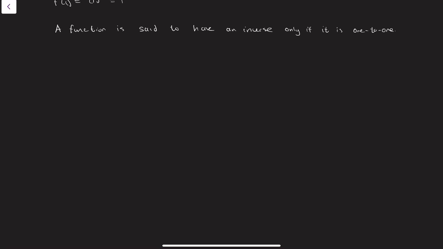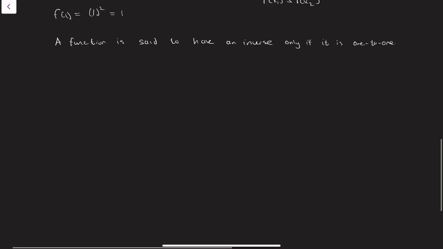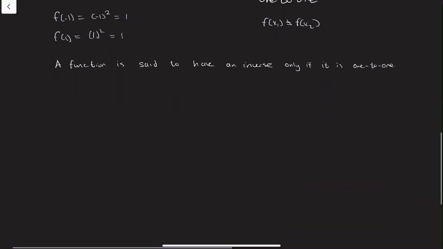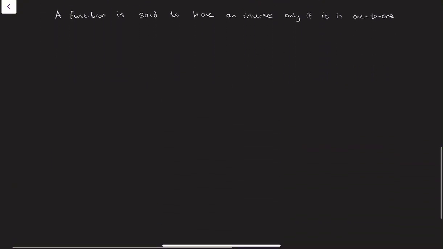If a function is not one-to-one, it is impossible for it to have an inverse. So we can say that the function f of x equals x squared does not have an inverse, whilst f of x equals x cubed does have an inverse, since it is one-to-one. Great. So how do we define an inverse?